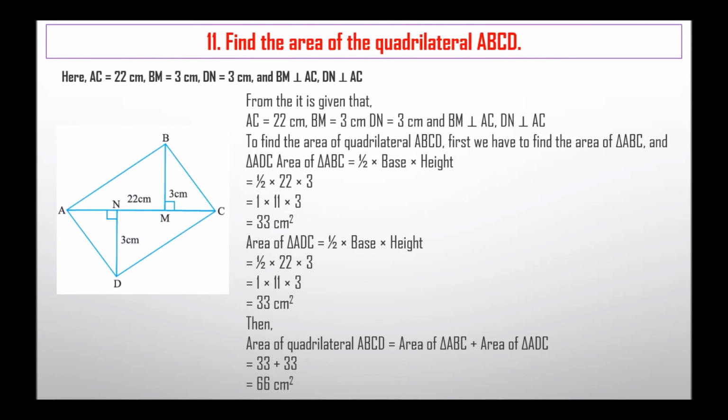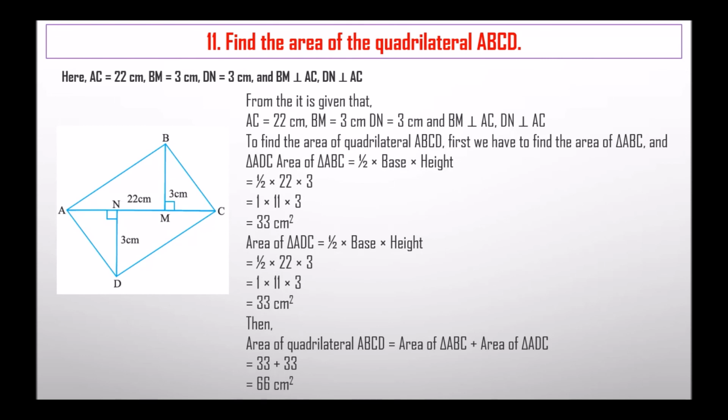11th question, find the area of quadrilateral ABCD. Here AC equals 22 centimeter, BM 3, DN 3 and BM perpendicular to AC and DN perpendicular to AC. Okay, so area of triangle ABC equals half into base into height, that is half into 22 into 3.